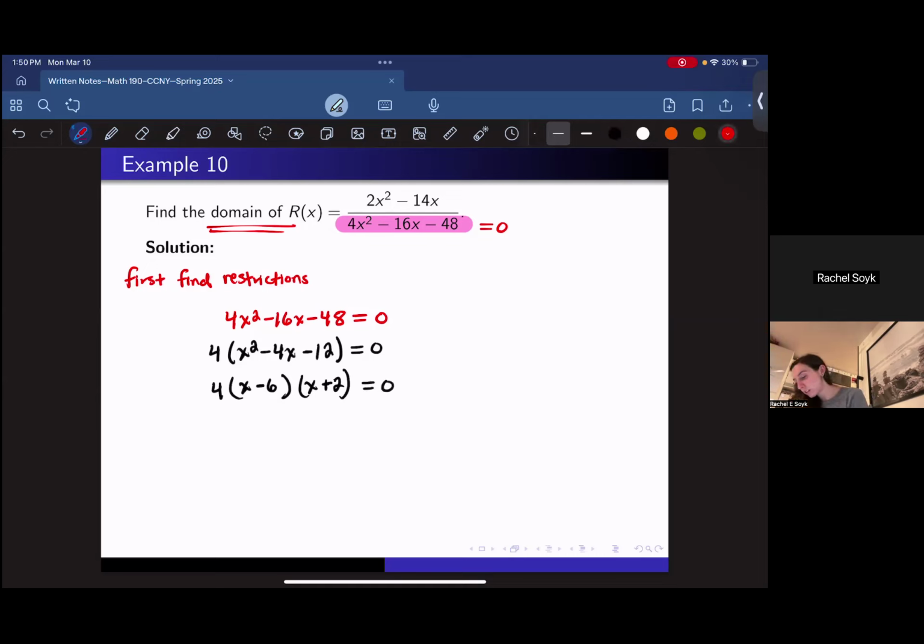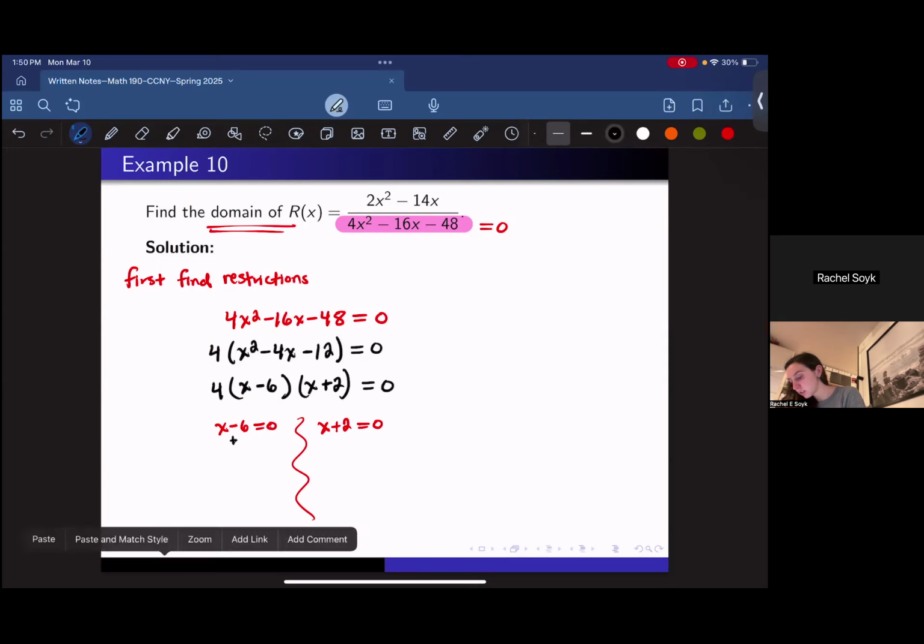And so what does this tell us? Let's set x minus 6 equal to 0 and x plus 2 equal to 0. Inverse operations. Our two restrictions are x is equal to positive 6 or negative 2.